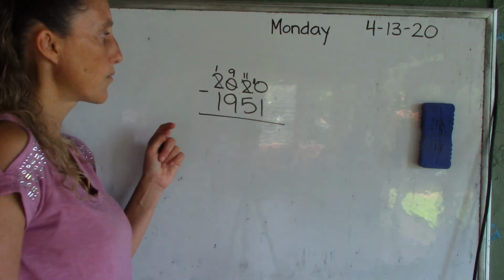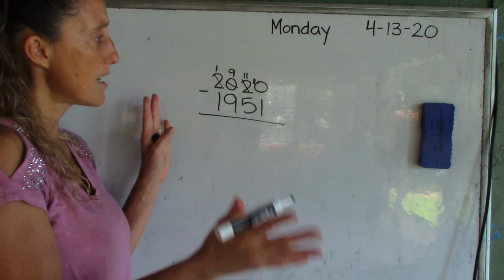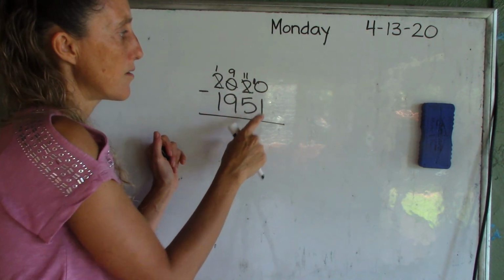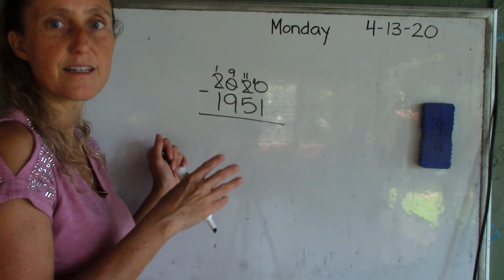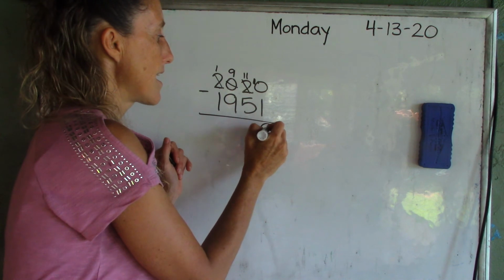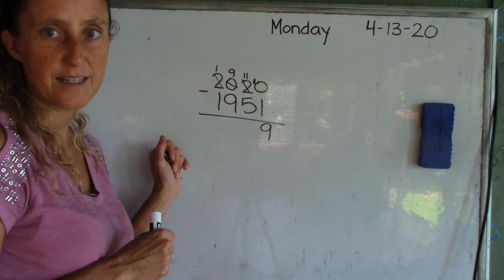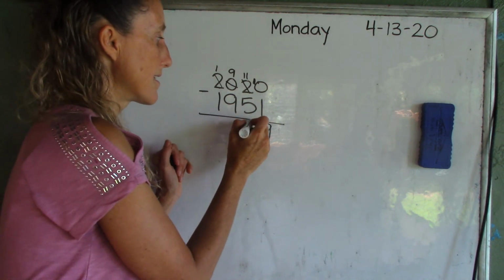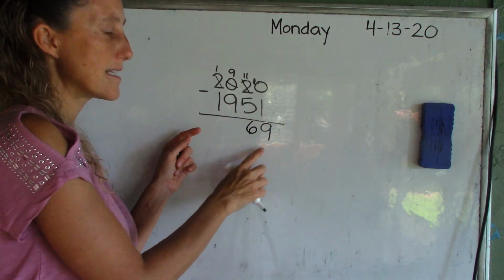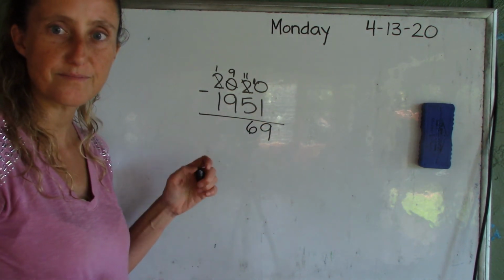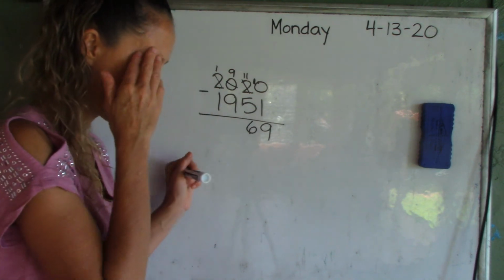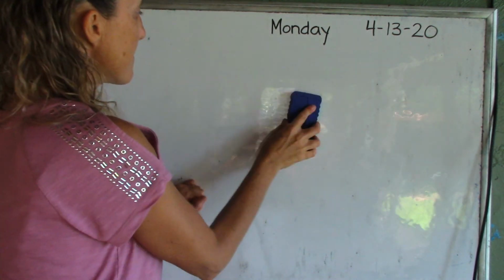So now he's just a 1 himself. So now we say 10 take away 1 is 9. Good. And 11 take away 5 is good, 6. So my friend Lou is 69 years old. Okay, very good. All right, one last thing I want to tell you.